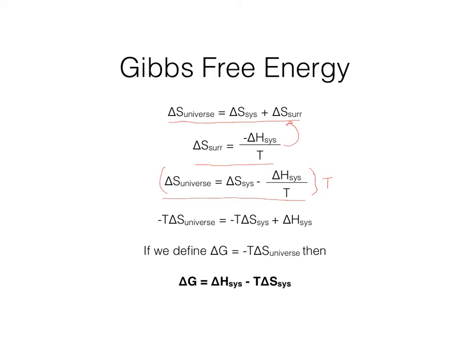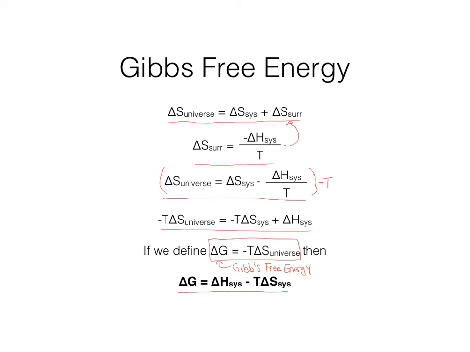And to make things complicated, we're going to actually multiply by the negative of the temperature, which gives us this relationship. And so then we make a definition that delta G, Gibbs free energy, is equal to this negative temperature times delta S of the universe.